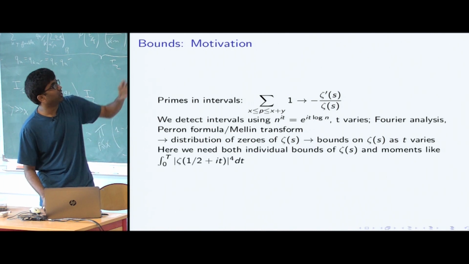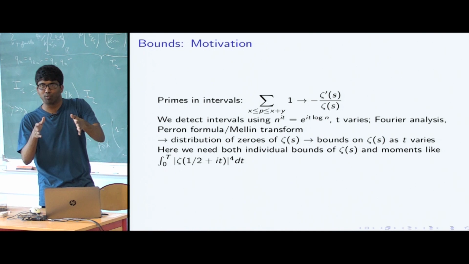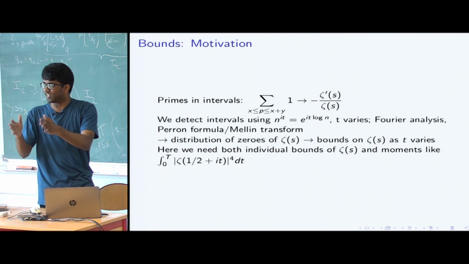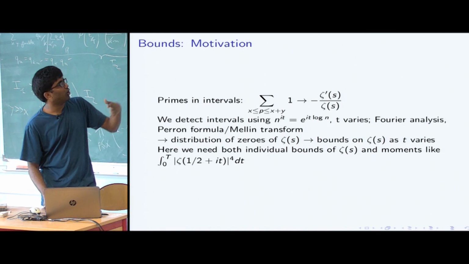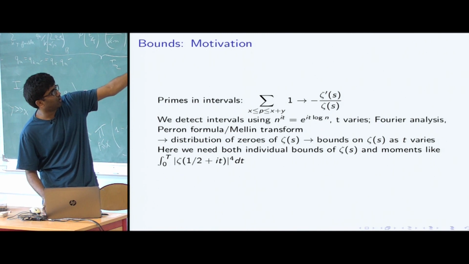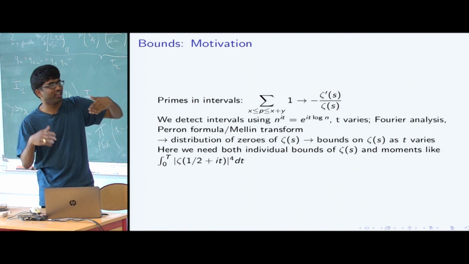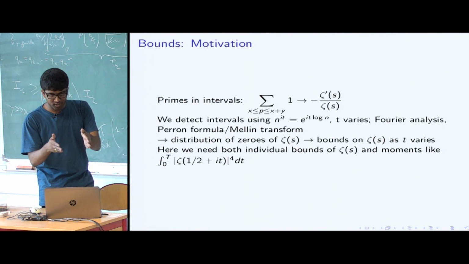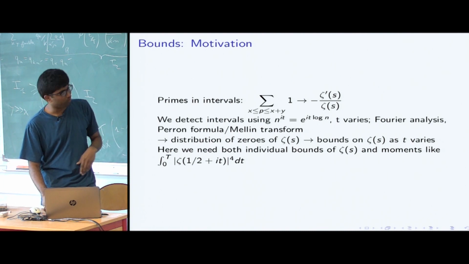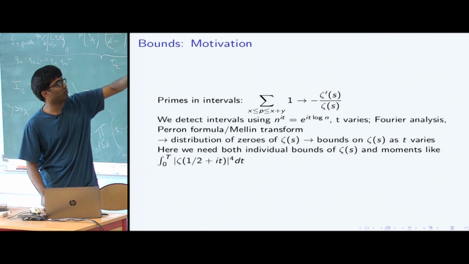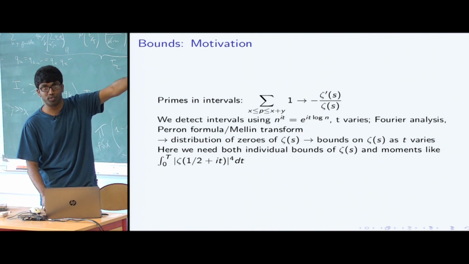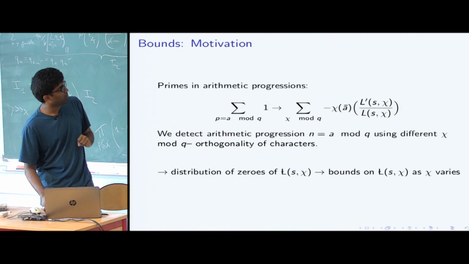So we need bounds on zeta, which are individual bounds, like how big is zeta at some value. Also, we need bounds averaged over some intervals, called moments. So we need both bounds on individual values and average values like moments. These give you information about the distribution of zeros. That's the reason we are interested in studying these problems.